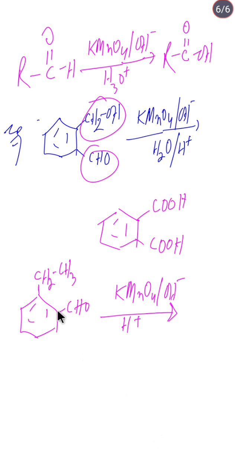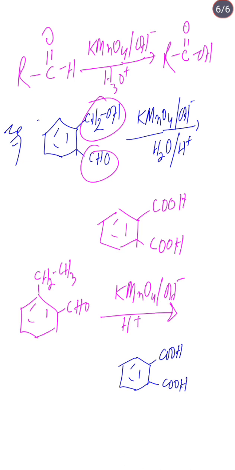The answer is very simple, because this methyl group is also easily oxidized to carboxylic acid like this, and this CHO will also be oxidized to carboxylic acid. So we will get this phthalic acid again.